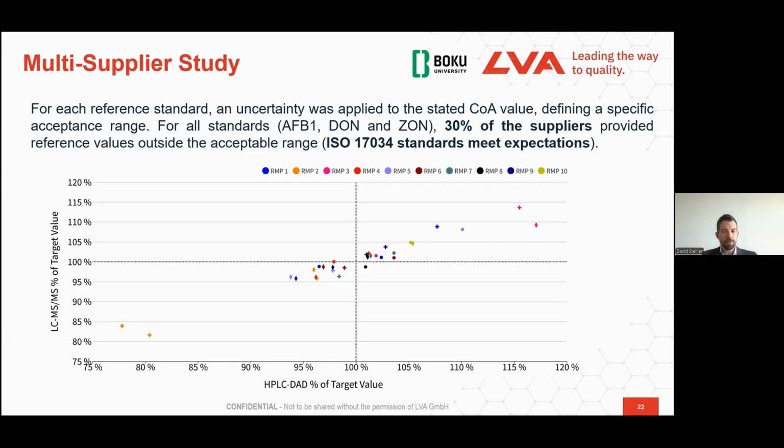And this clearly demonstrates the benefit of this standardization and the accreditation which already took place. However, overall, about one third of all the suppliers were outside their individual acceptance ranges. Many of these deviations were in the range of 5 to 10% below the target value, which again reflects the purity issues we've just discussed earlier.